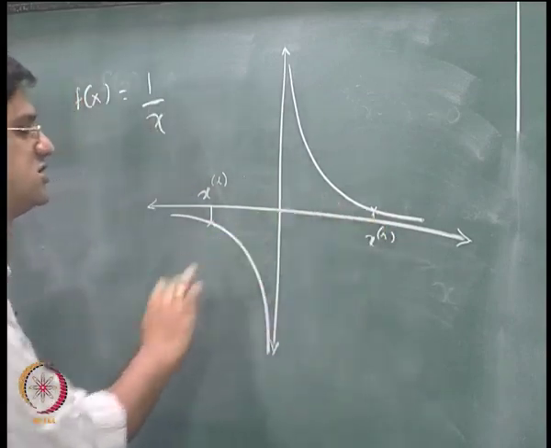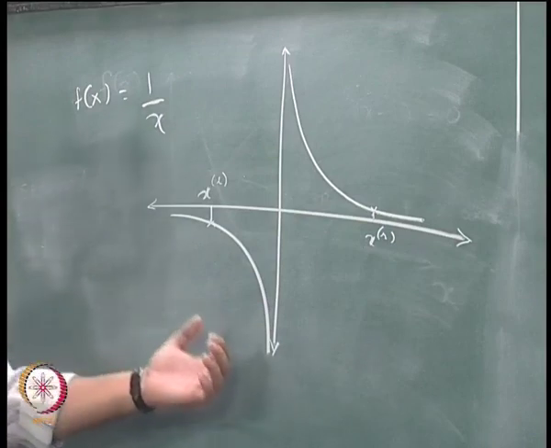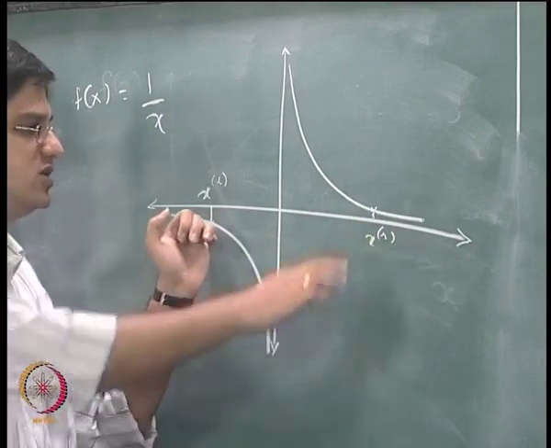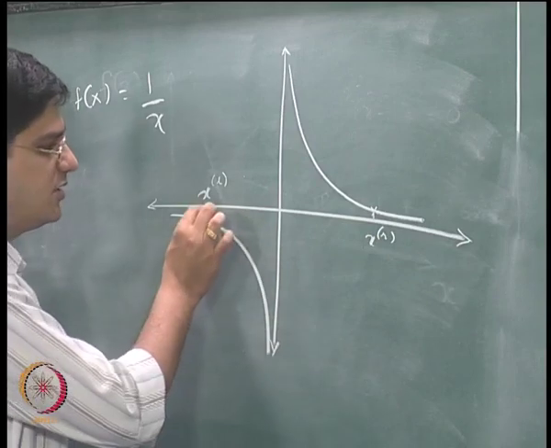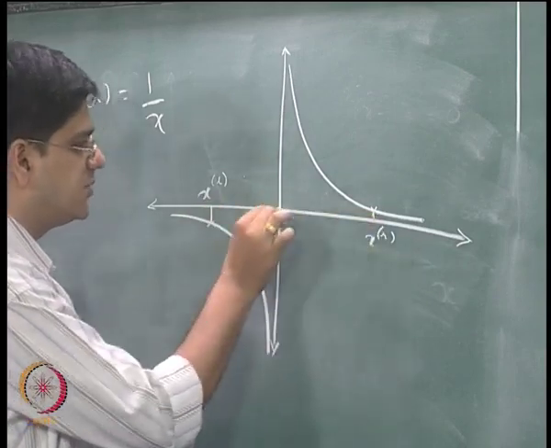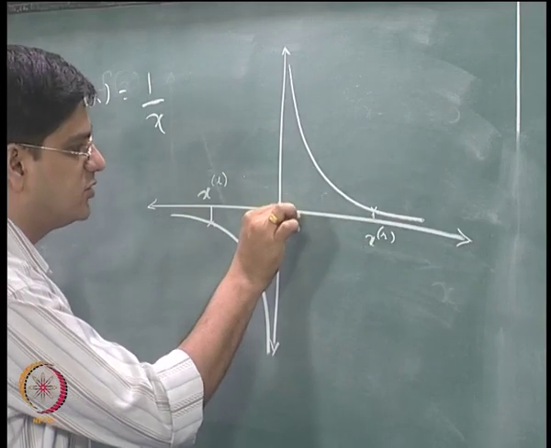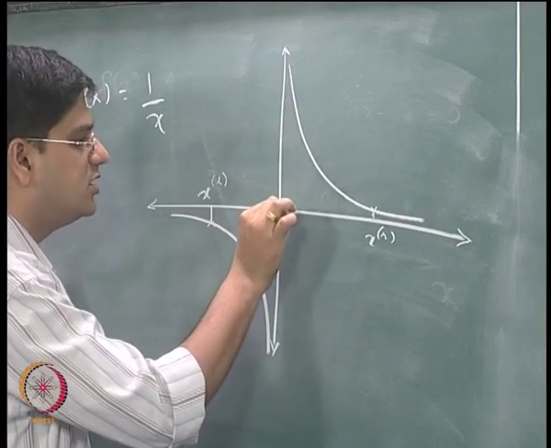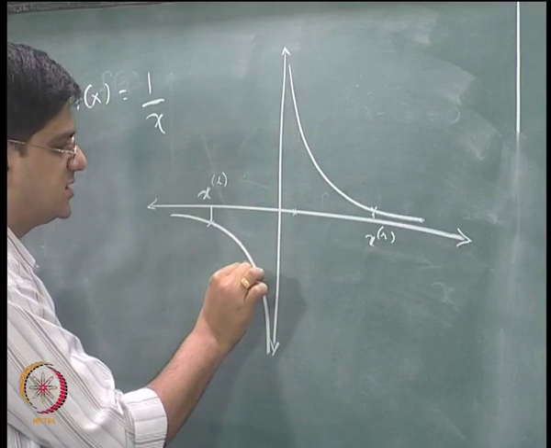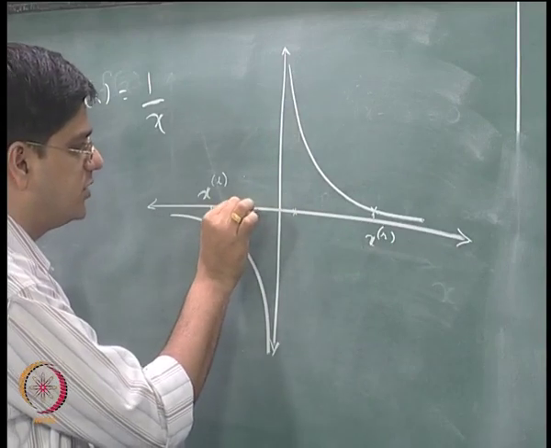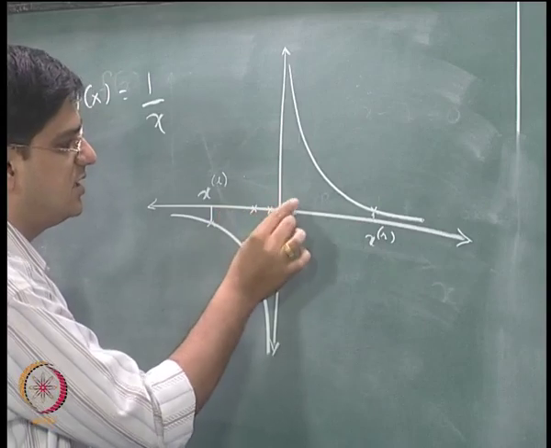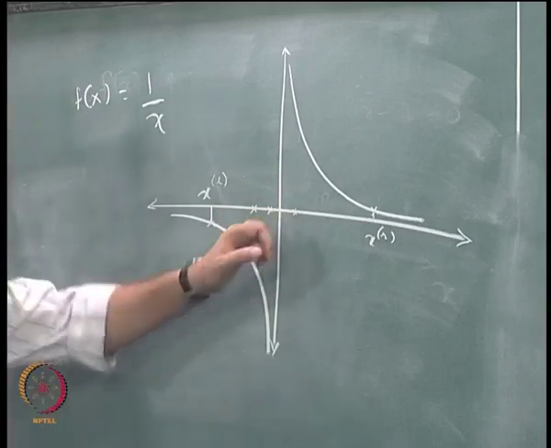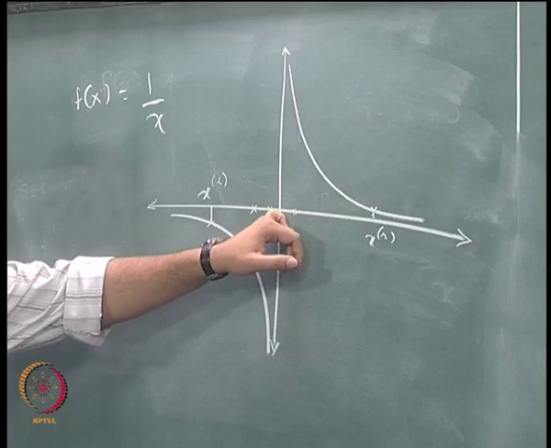The reason is the product f of XL multiplied by f of XR is going to be negative, so these are going to be our admissible solutions. So eventually, as we reduce this, the next point is perhaps going to be over here. This is going to be our new XR, then the next point will end up being over here. This is our new XL, and so on and so forth, and we will eventually reach the origin.